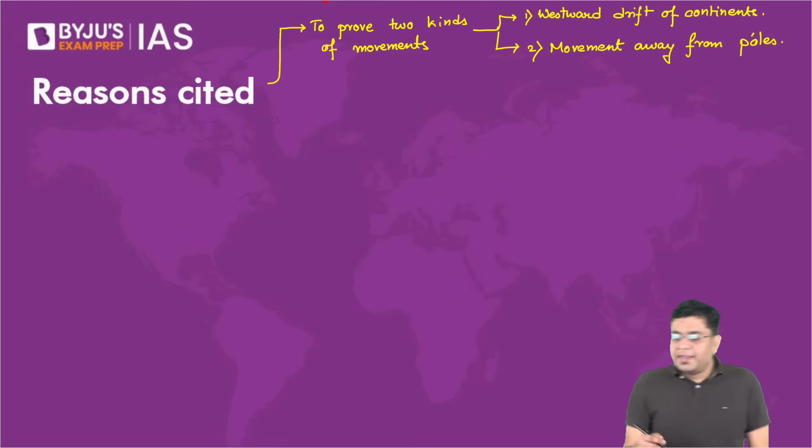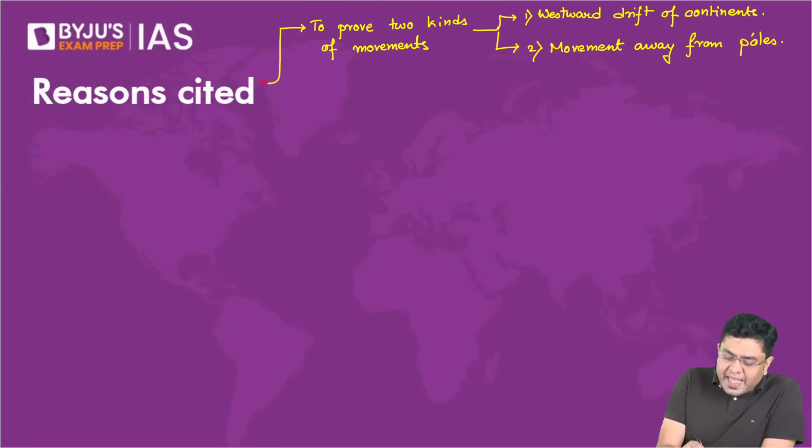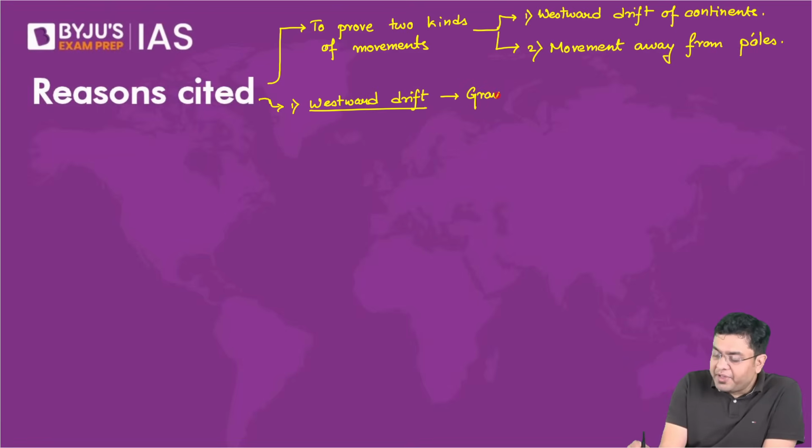For the first, that is the westward drift of continents, in order to prove westward drift, he provided the reason that it was done by the gravitational pull of sun and moon, which he also referred to as the tidal force.